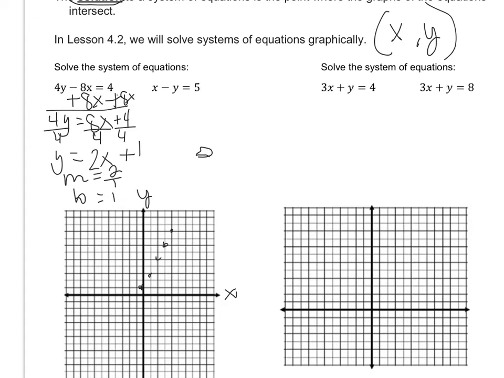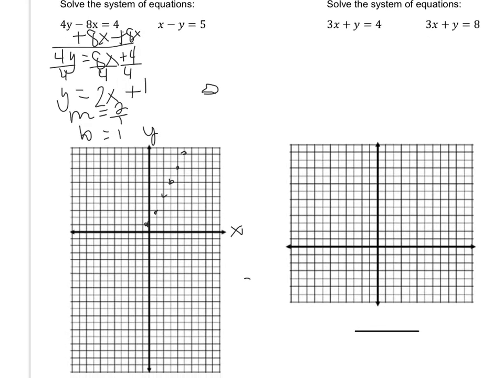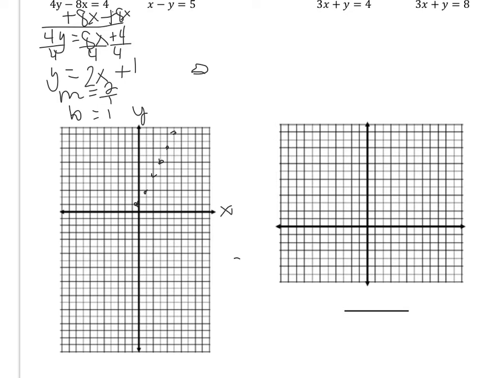And especially when you're solving systems, you want to go the whole length of the graph paper, because you never know when your two lines are going to intersect or what part of the grid that's going to happen. So you want to make sure you go the whole length of the grid paper. So now down 2 over 1, down 2 over 1.